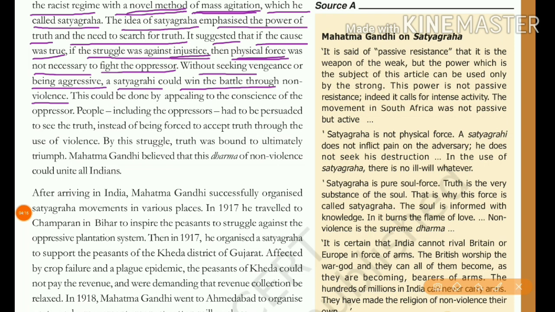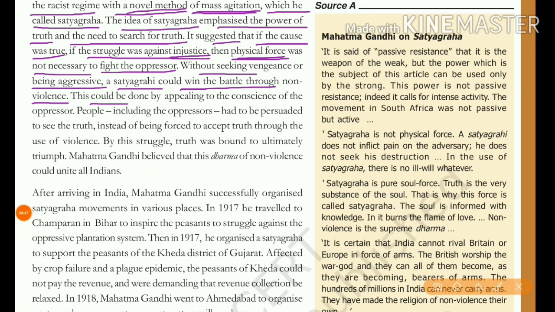So if the cause was true, the struggle was against injustice, there is no need of physical force, and without seeking vengeance, a Satyagrahi, who follows Satyagraha, could win the battle through non-violence, that means without using any arms.